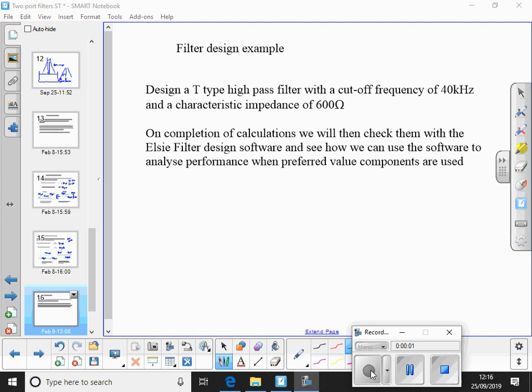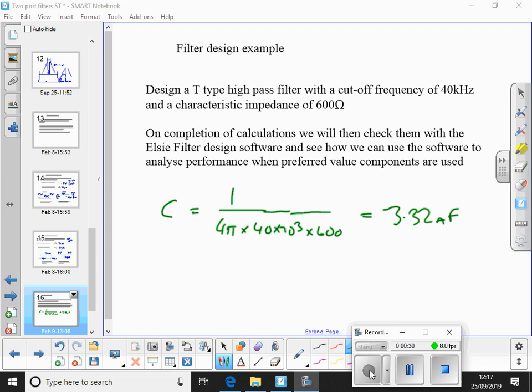Your calculation for C then here? So that's 1 over 4 pi, equals 10 to the minus 9, so that's nanofarads.